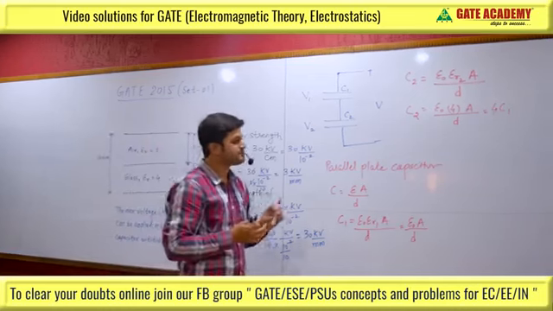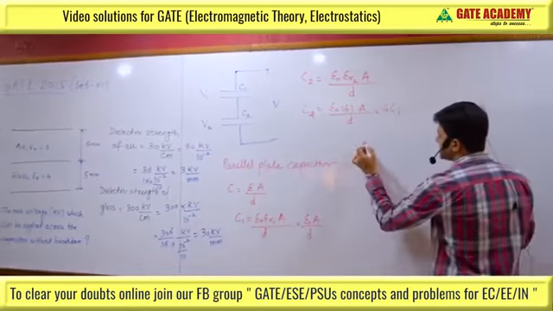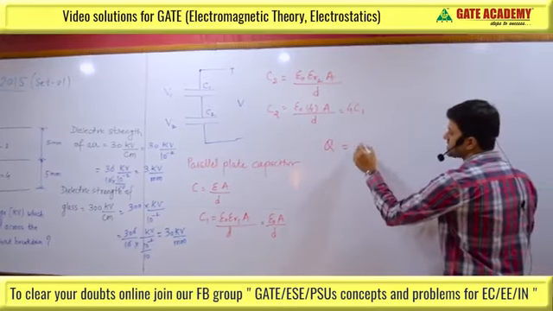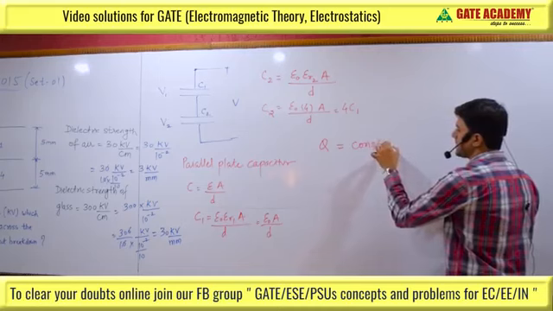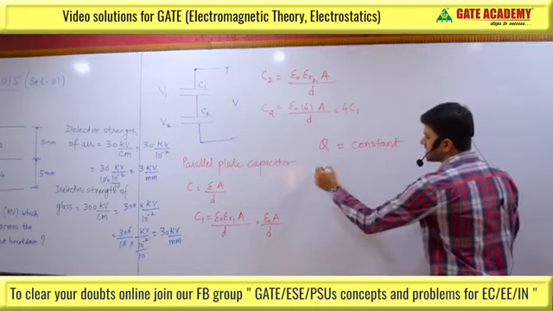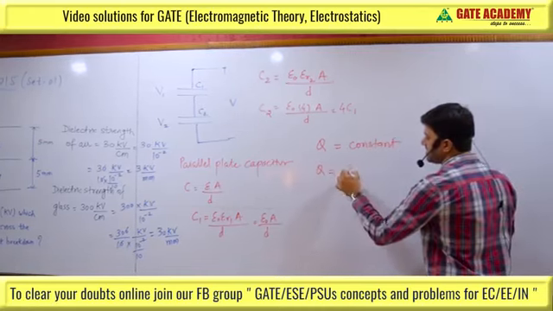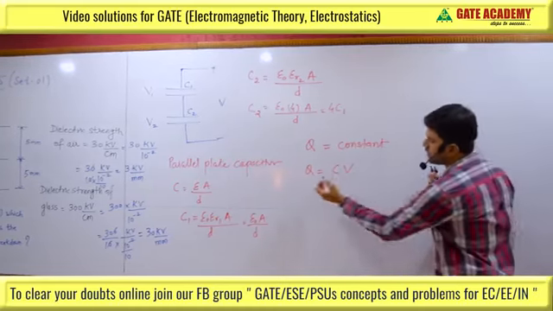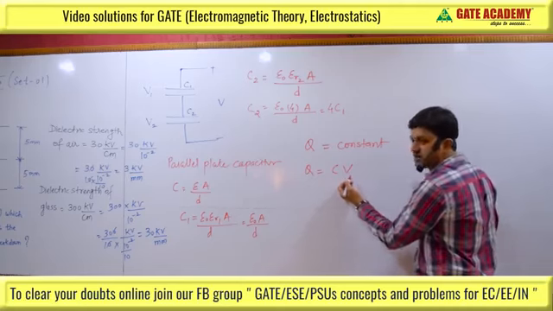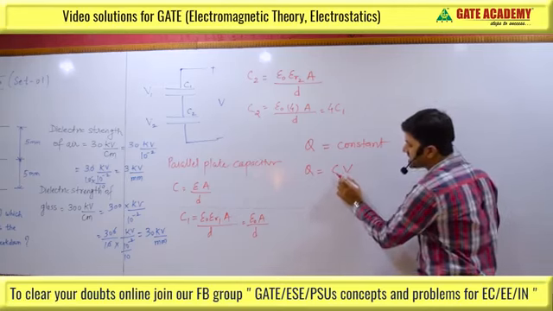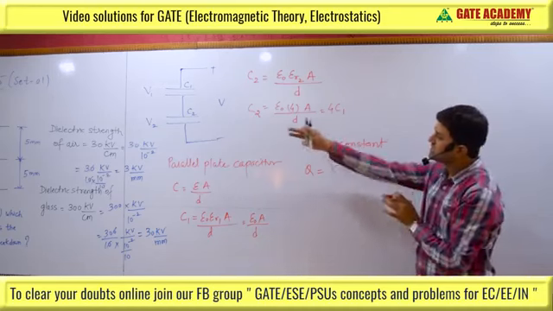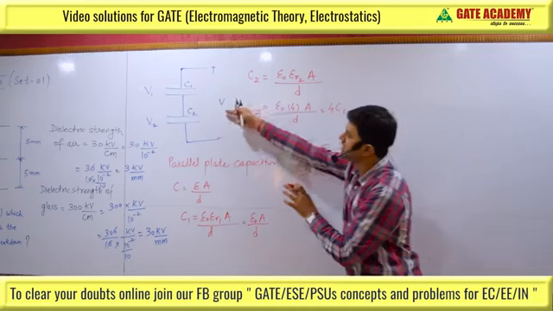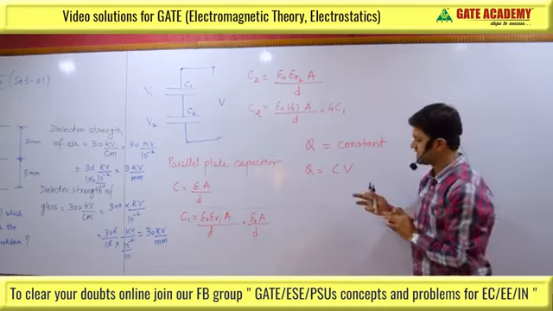It means that the charge stored in the capacitor is constant, and this charge is given in terms of capacitance and voltage as Q equal to CV. So CV equals constant. Here C is the equivalent capacitance, meaning the series combination of C1 and C2, and V is the total voltage applied across this capacitor.